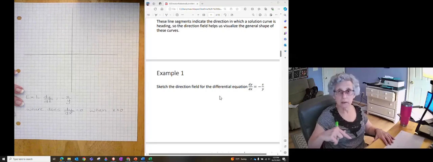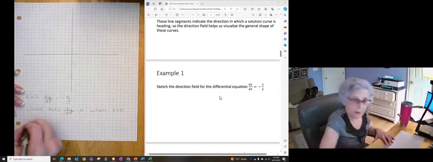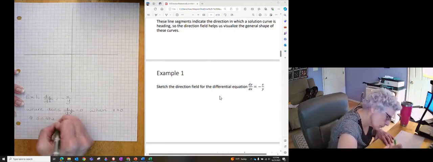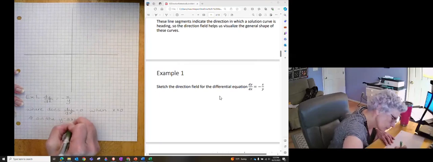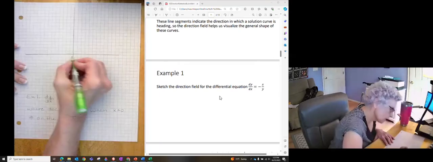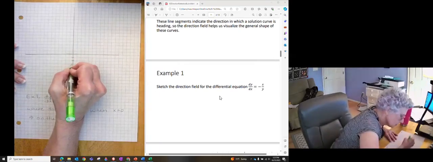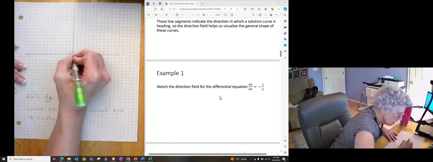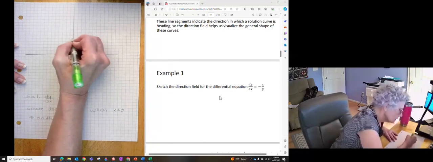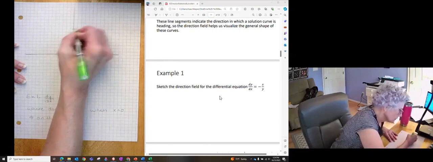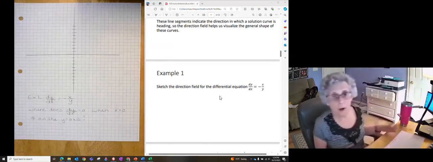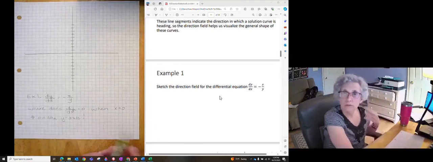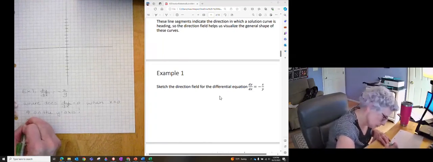Well, x equals 0 all along the y-axis. So I'm going to draw a bunch of flat lines all along the y-axis.